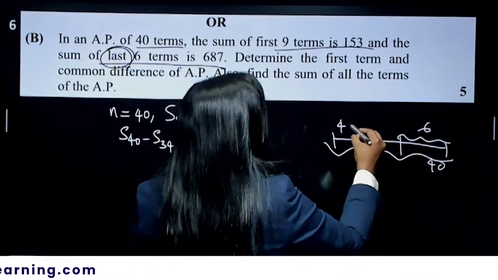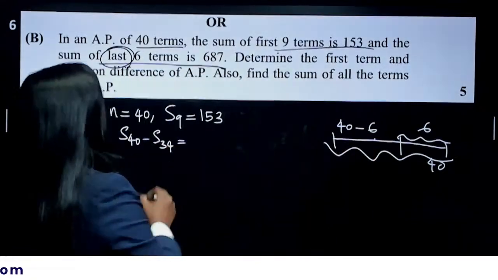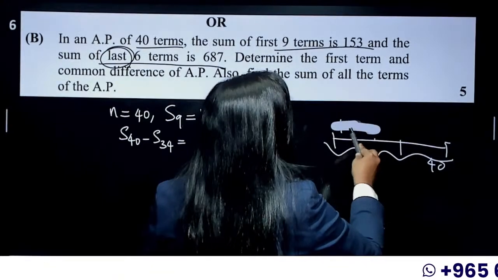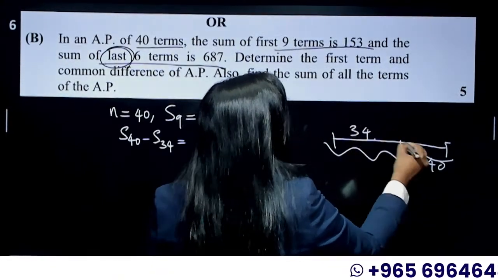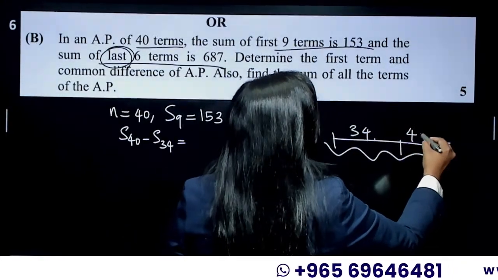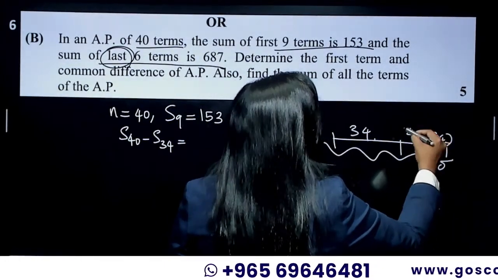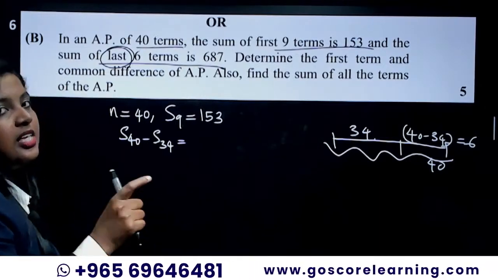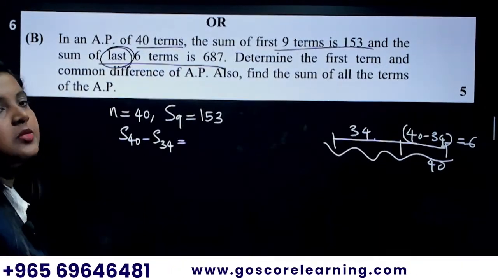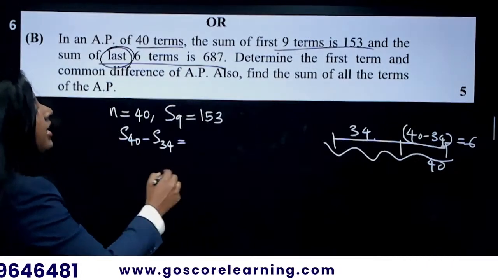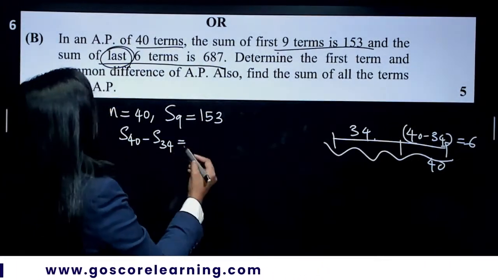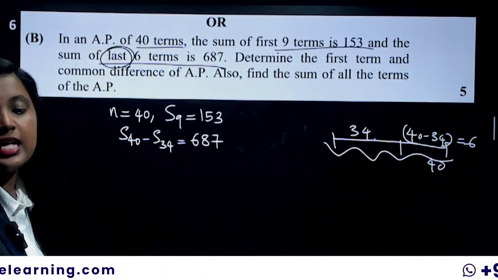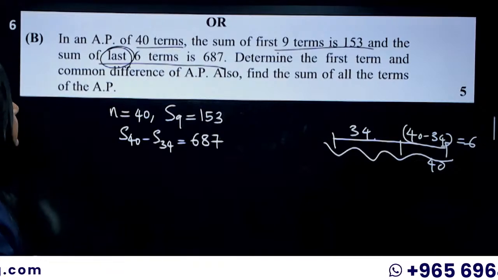It is going to be 40 minus 34, which is 6. So if the sum of last 6 terms is given, what is given? S40 minus S34 is given, and that is given as 687.